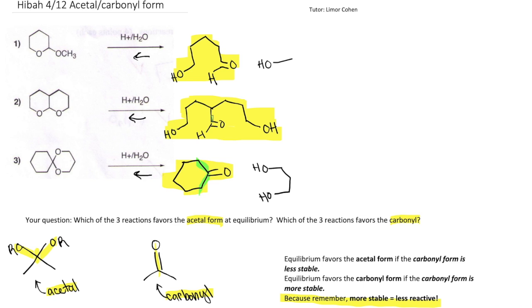If we look at the middle molecule, it's attached to one carbon, and the top molecule is also attached to one carbon. Since this molecule is attached to the most carbons, the carbonyl form of this molecule is going to be favored at equilibrium. So this one will be our reaction that favors the carbonyl form at equilibrium.